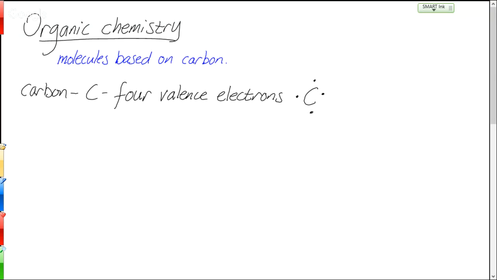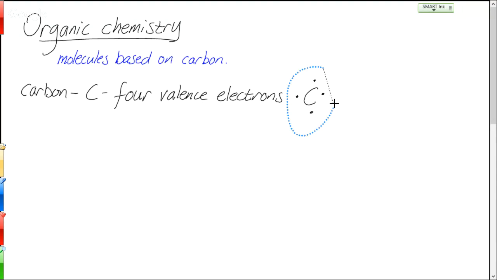So how many does carbon need to have a full shell? It needs to either lose 4 or gain 4 to form an ion. It doesn't really form ions, which we've talked about before, but it does like to make connections with other stuff to get those four things.